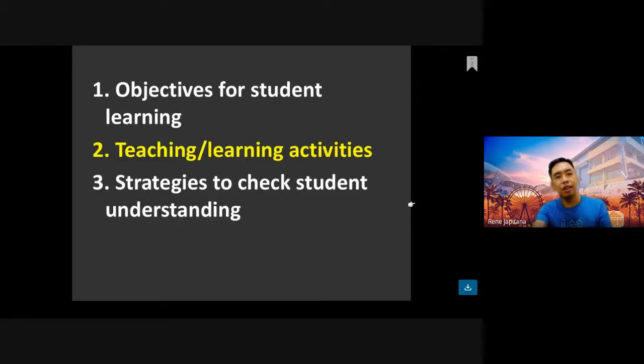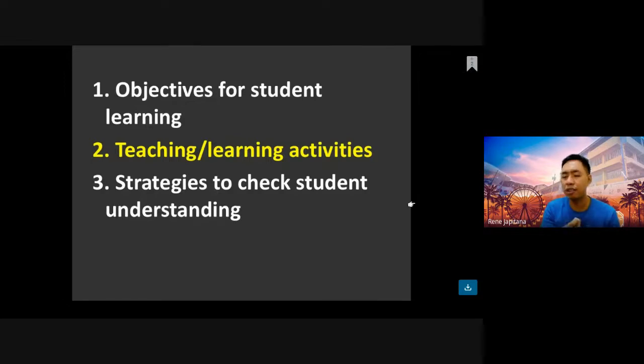The second one is the teaching and learning activities, how to prepare different activities in the classes, in the delivery of lessons, so that everybody will be interactive, participative, and the students are involved and engaged. The third one, strategies to check student understanding. In the middle of the discussion, usually we check the level of understanding.